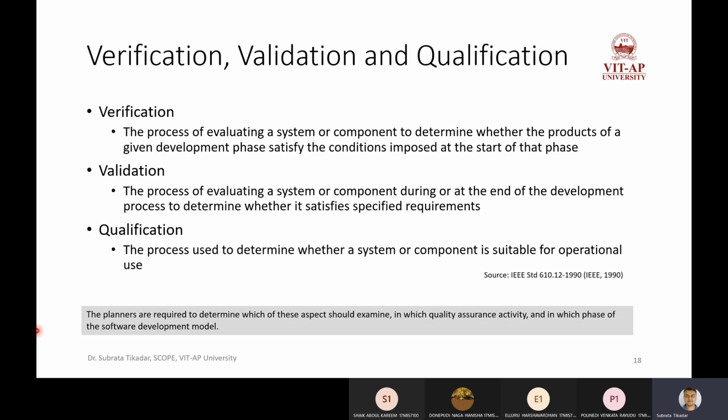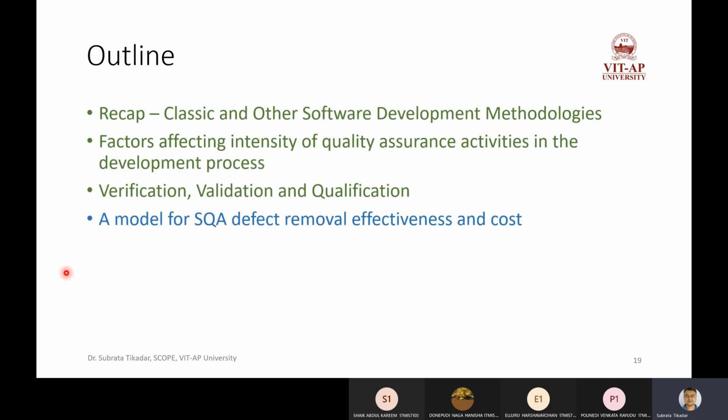So the planners are required to determine which of these aspects should be examined, in which quality assurance activities these should be examined, and in which phase of the software development model. That's why we have just briefly recalled the different models for software development, including software development life cycle models like the classic waterfall model, then the prototype model, then the spiral model, and the object oriented model.